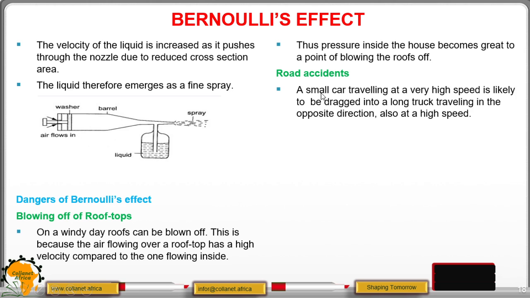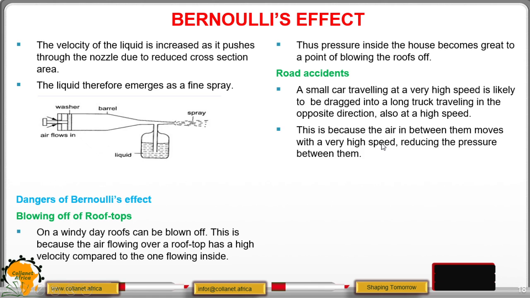Then road accidents. Small cars traveling at very high speed are likely to be dragged into a long truck traveling in the opposite direction, also at high speed. So accidents can happen when cars moving in opposite directions travel toward each other, because the air between them is at high velocity.